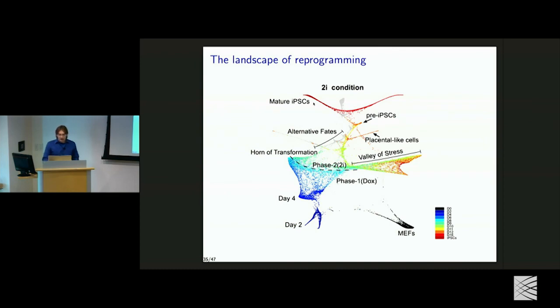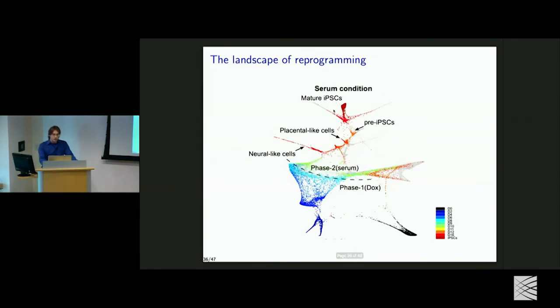Okay? And this is a technical experimental detail, but we did this in two conditions. The alternative fates that we saw depended on the medium that my collaborators gave the cells. For example, we see neurons if we give them serum condition in the second phase of the study.